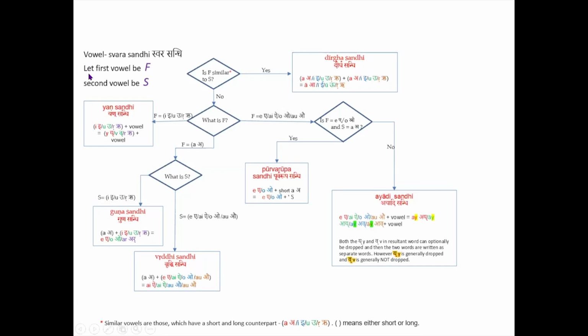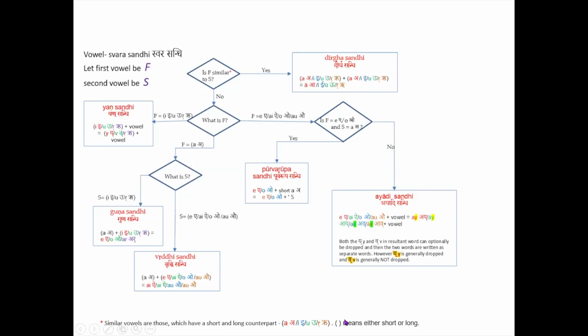So it is basically we are saying let the first vowel be F, second vowel be S. And the first question is F similar to S? And here I have written what is similar. So similar vowels are those which have a short and long counterpart, like Akara, Ikara, Ukara, and Rukara.